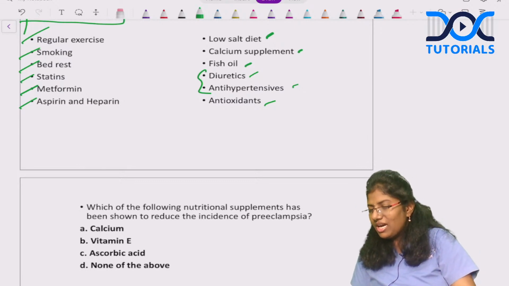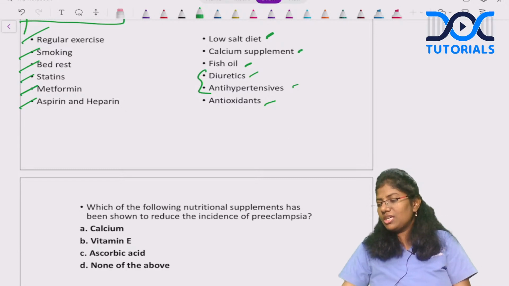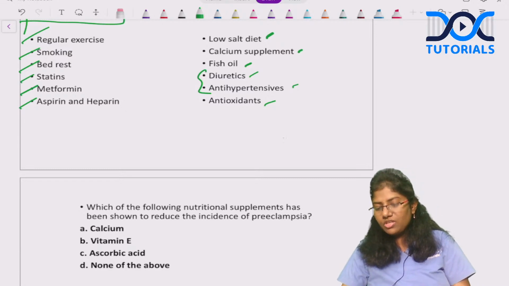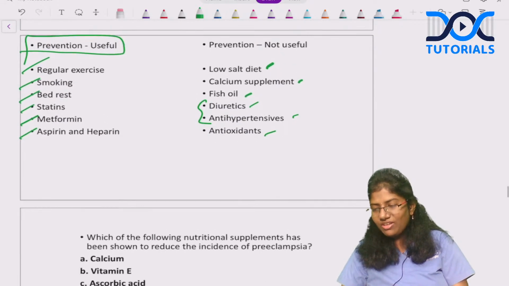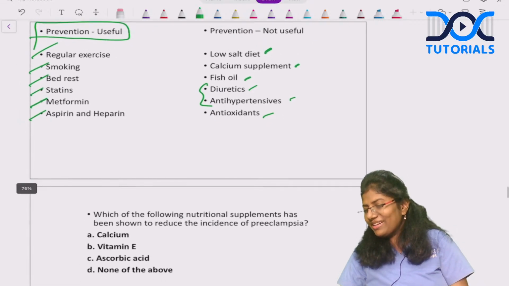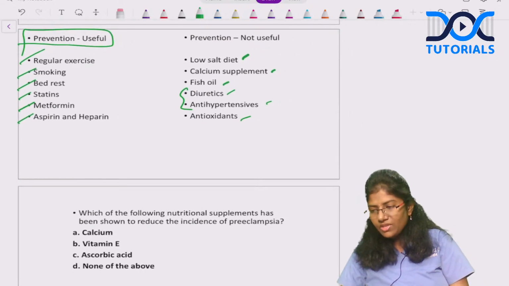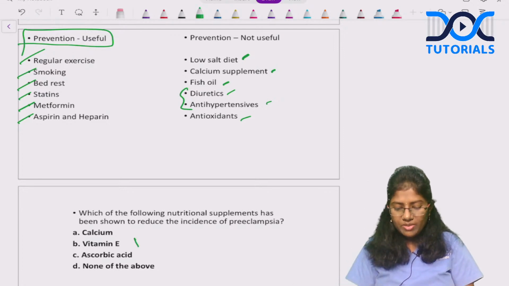After spending so much time on explaining what prevents, what is useful and what is not useful, if you give an answer like this, I'm so sorry guys. Just take the help of the previous slide. Calcium, vitamin E and ascorbic acid: vitamin E and ascorbic acid basically come under antioxidants.